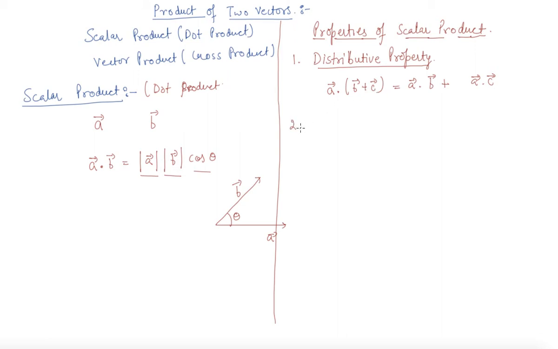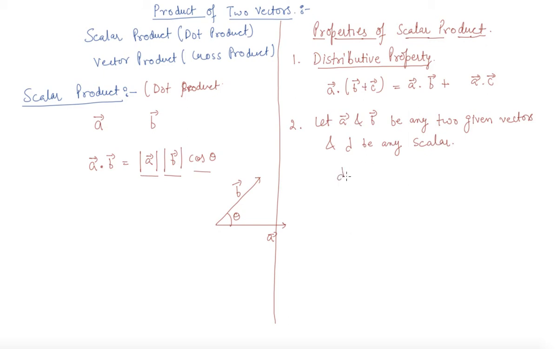The next property is the scalar multiplication property of the scalar product. Let vectors A and B be any two given vectors, and lambda be any scalar.